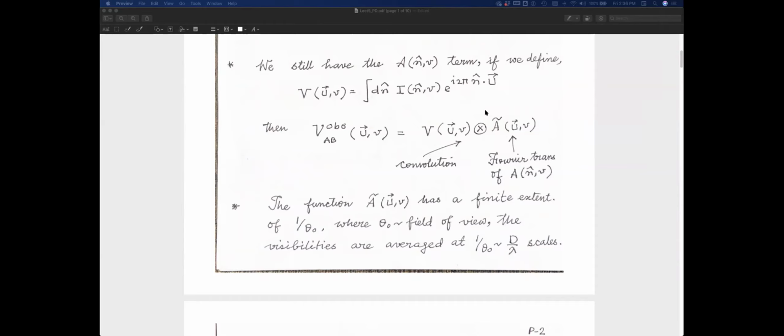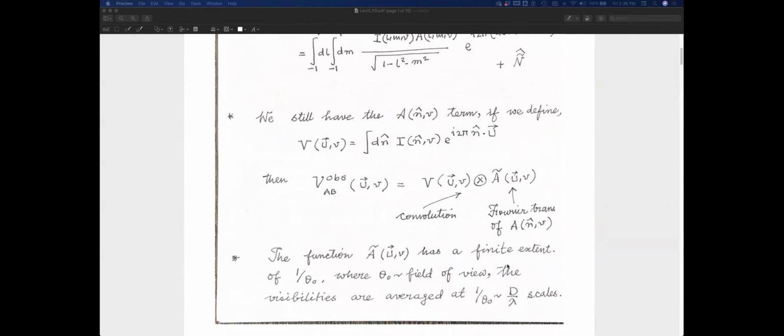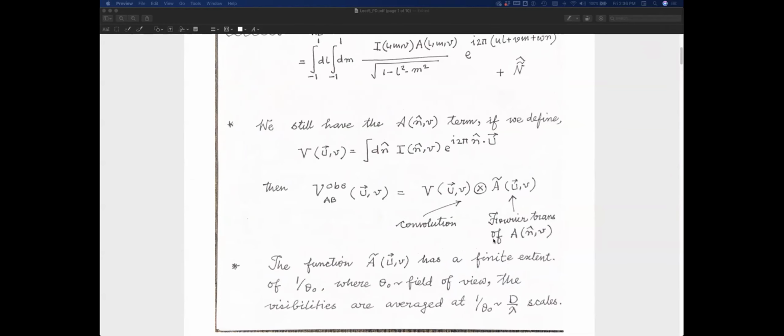That means that my information from the sky has got convolved at the scale of d by lambda. I don't have any independent information in the baseline plane at a scale less than d by lambda. Okay, so is this point clear? This is what we will be using for the next 15 minutes.